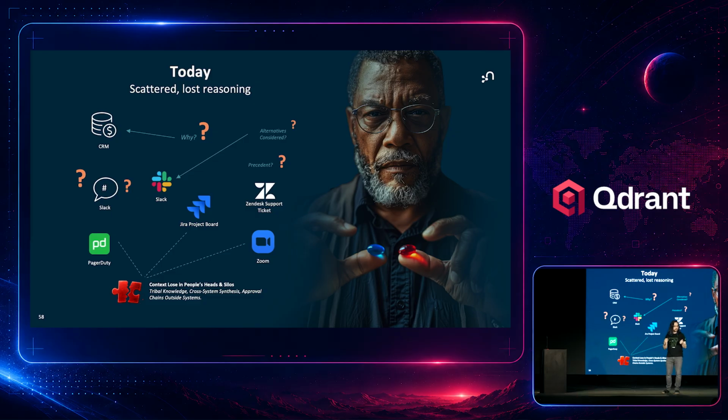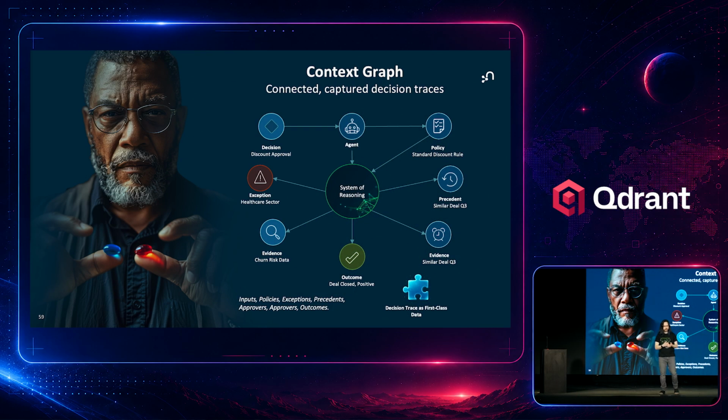Or are we going to take the red pill and merge all of this into a context graph where we have full auditability, traceability, and we're actually building a reasoning trace around all of our data, which we can use to quantify why we're making decisions.